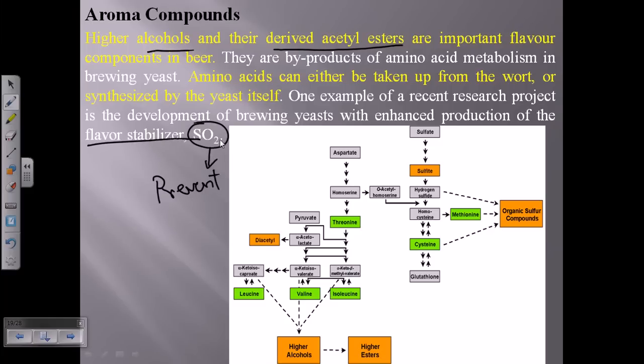Remember, in wine preparation, we enhance the cells to produce SO2 in the fermentation chamber, because this SO2 prevents other contaminants, like bacterial contaminants. Okay, so here we are adding important ingredients like aspartate and other amino acid substances, which will be further converted into organic sulfur compounds, which can act as the stabilizer and the flavor compounds there.